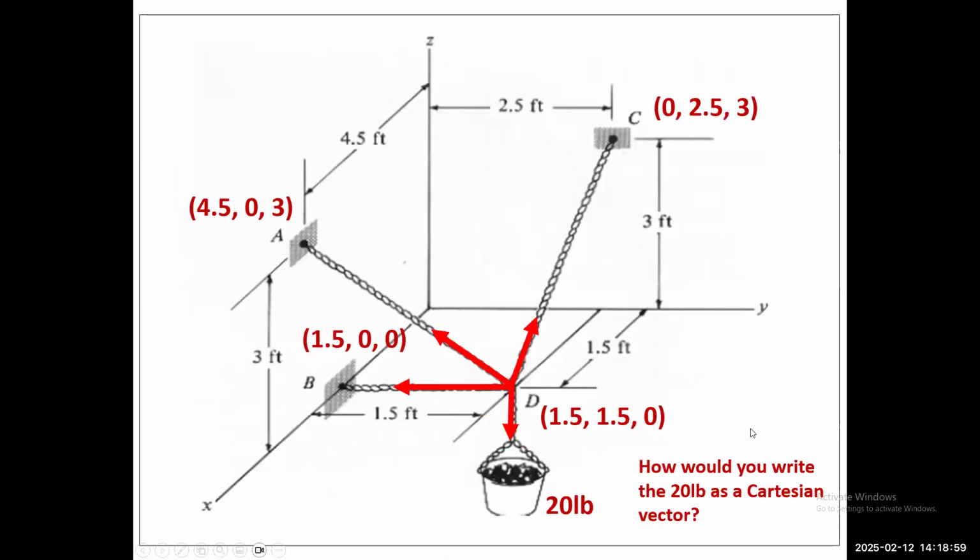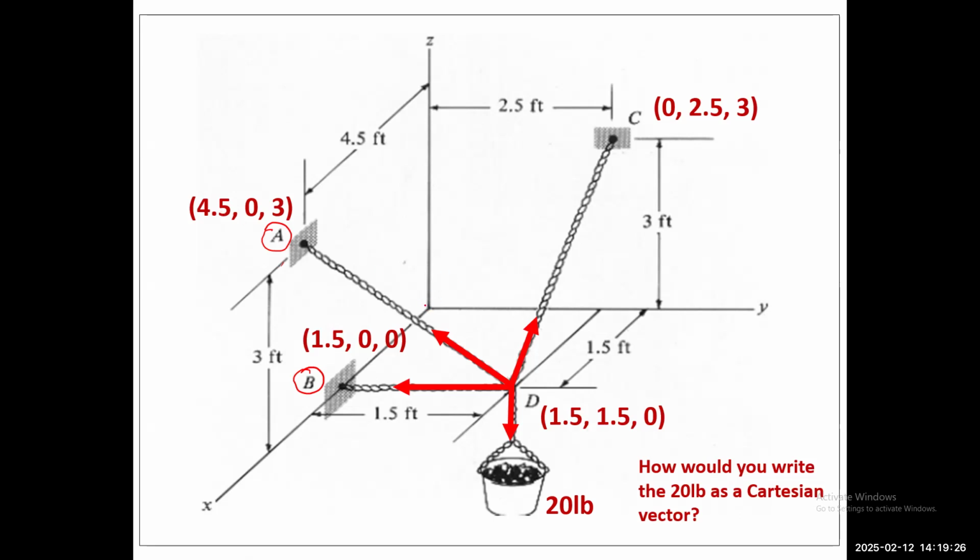Just recapping what we did here: this is the free body diagram. We identified the coordinates of A and B. Let's look at A. A is 4.5 in x.